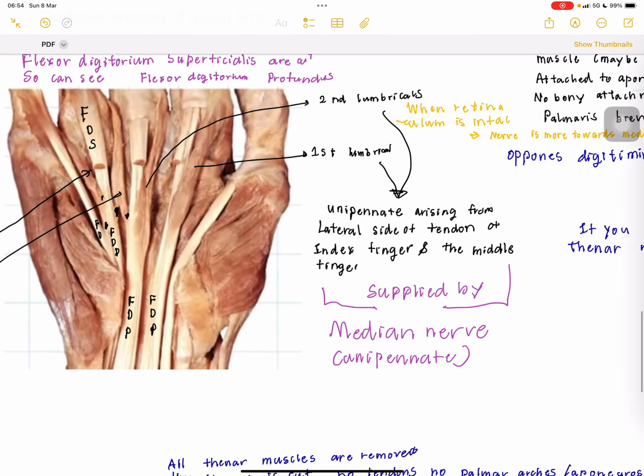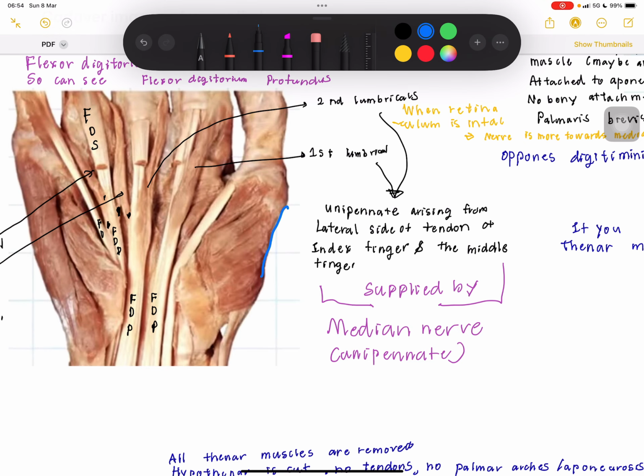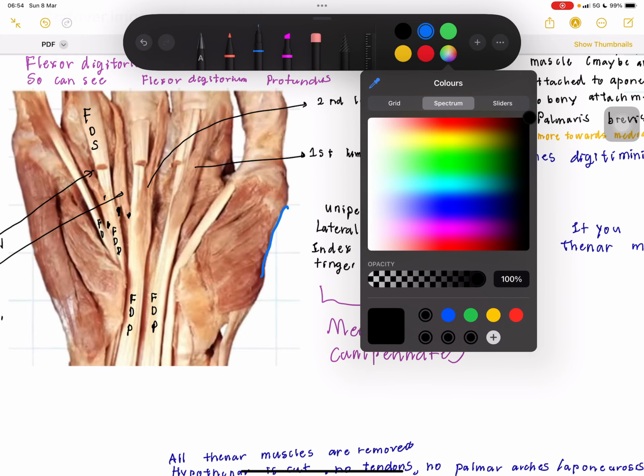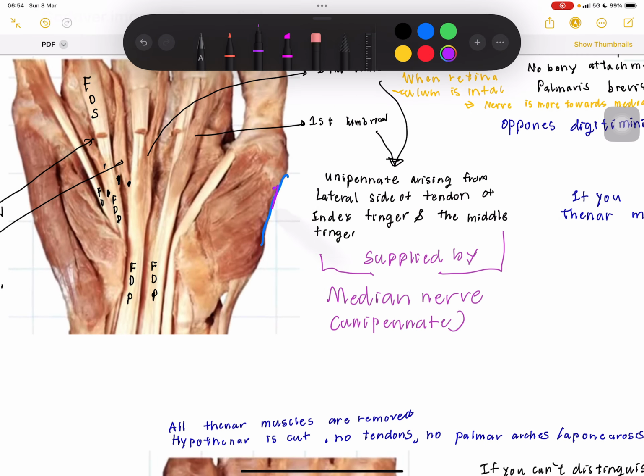So here we can see this is the thumb. As I said, we have the thenar muscles on the thumb side, and the first muscle that is outward is abductor pollicis brevis.